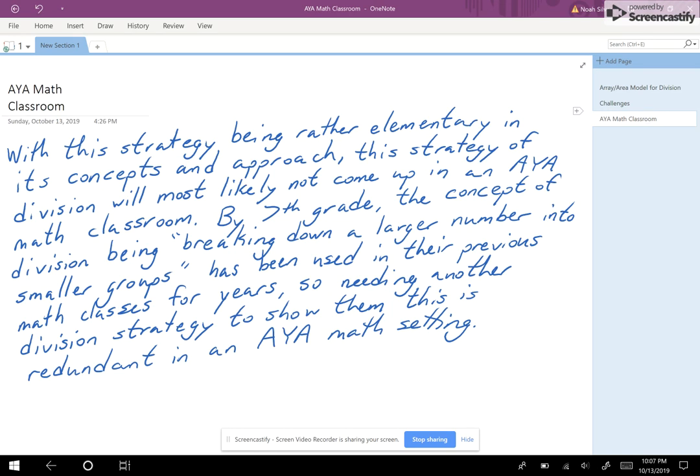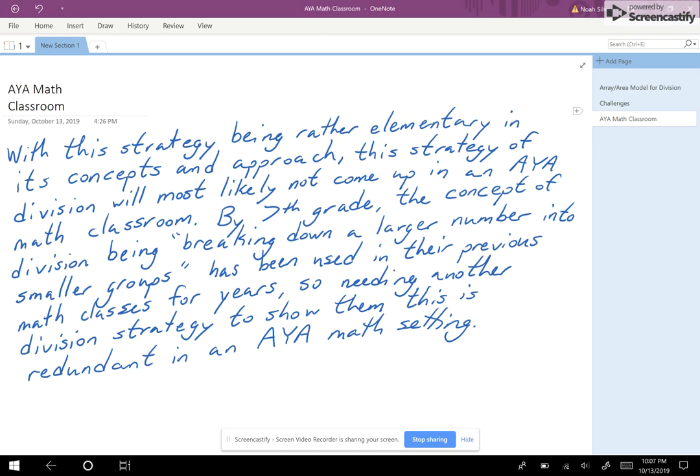With this strategy being rather elementary in its concepts, meaning, okay, how can I break this down with these numbers? The approach for this strategy most likely will not come up in an AYA math classroom. So by 7th grade, that first start of AYA, the concept of division being breaking down a larger number into smaller groups has been pounded into their brains in their previous math classes for years upon years.